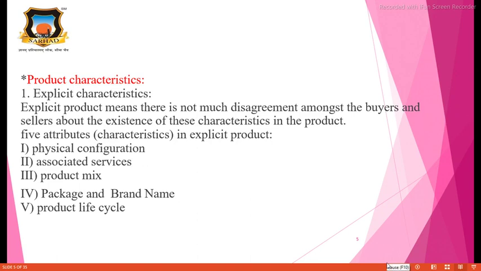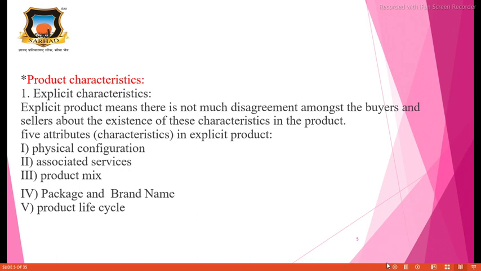Let us see the next, the package and brand name. It is useful to consider the package as a part of the product, for it is sometimes difficult to separate a product into content and package. For example, perfumes, deodorants, lipsticks, etc. They enjoy a greater demand because of their attractive packages. The brand name is intrinsic to the product.